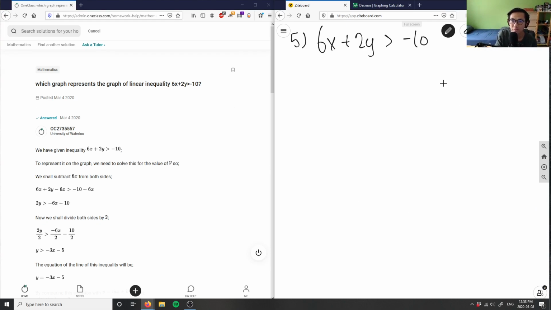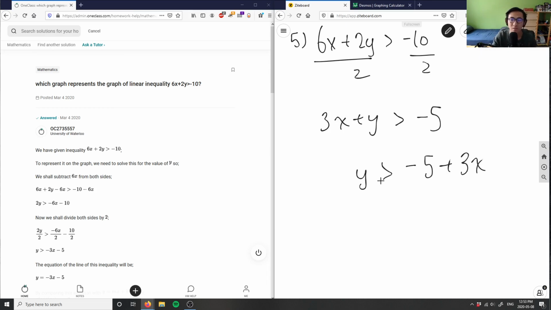Basically they divided everything by 2 here to get 3x plus y is greater than negative 5, and they just simply threw negative 5 plus 3x here. So this would be minus 3x. This here would be our slope-intercept form, or you can say y is negative 3x minus 5.